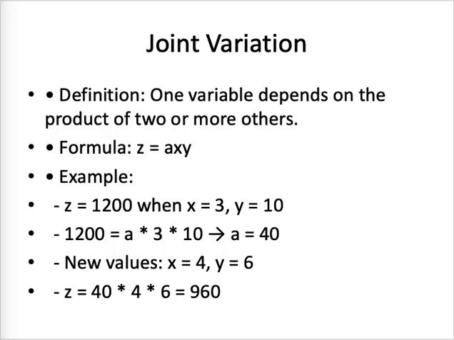So here's an example. z is 1200 when x is 3 and y is 10. That gives us a equals 40. Now, if x is 4 and y is 6, just plug those in. If you do the calculations, z equals 40 times 4 times 6, which is, anyone?